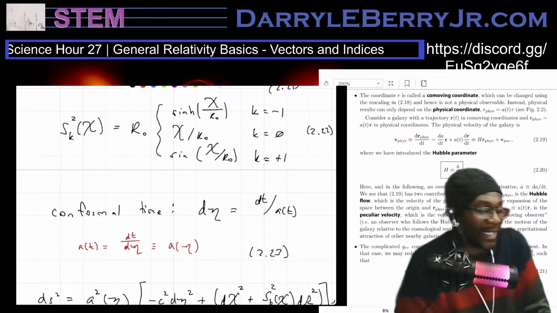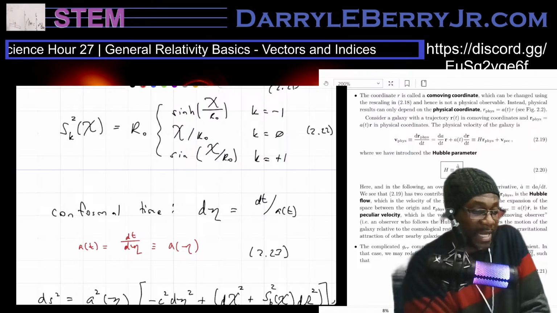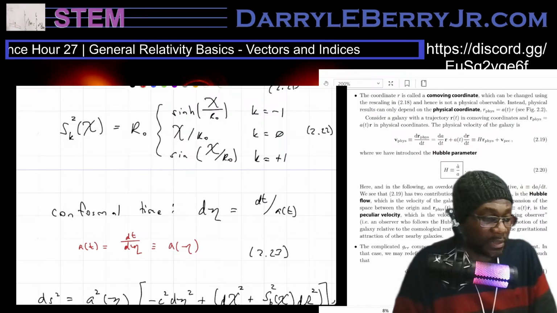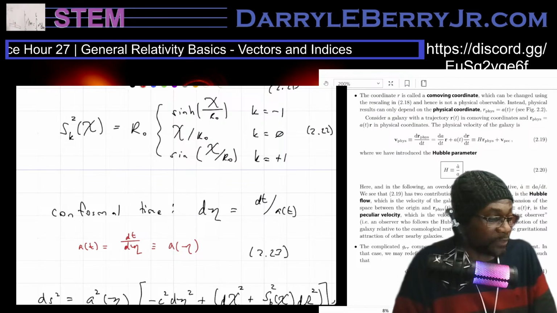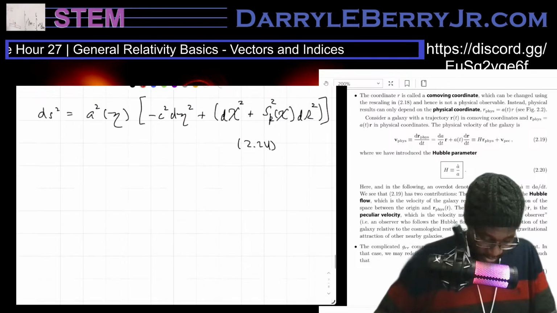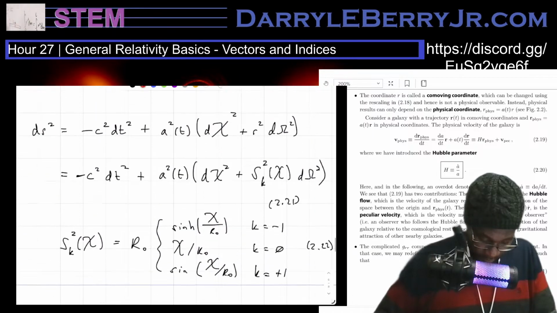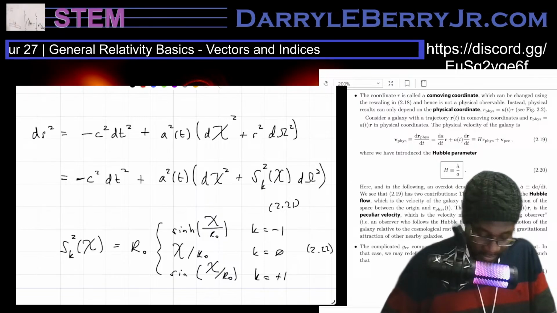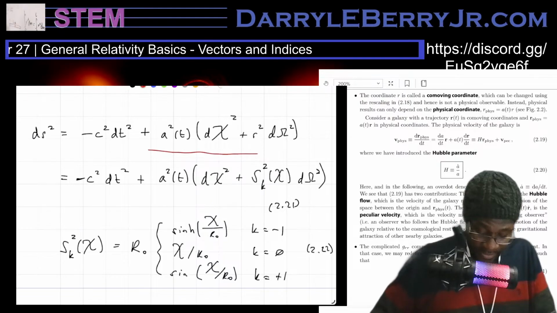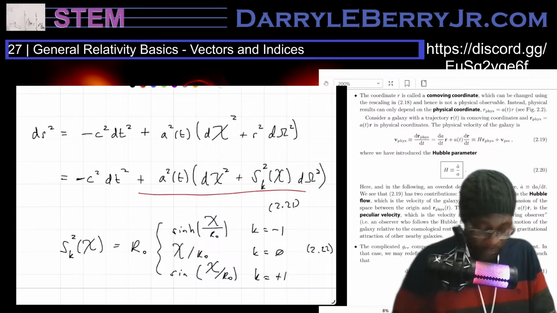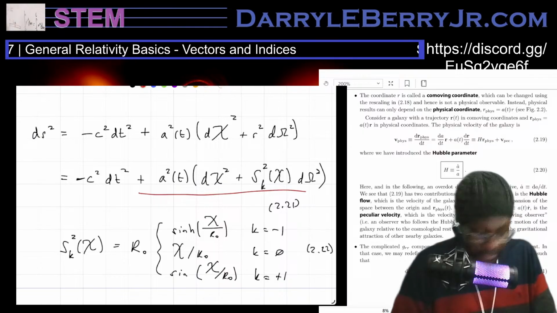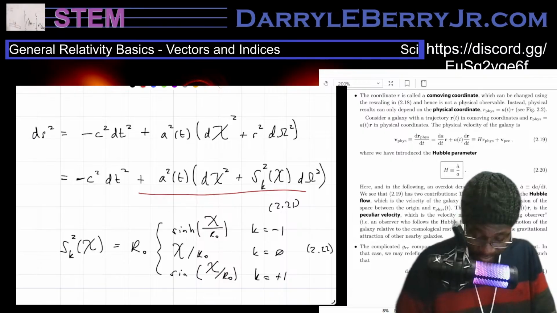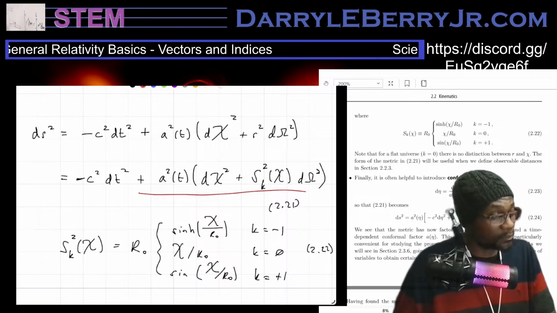In that case, we may redefine the radial coordinate, psi, as dr squared over 1 minus kr squared over r naught squared, such that ds squared equals negative c squared dt squared plus a squared d psi squared plus s k squared of psi, as a function of psi, d omega squared, 2.21.